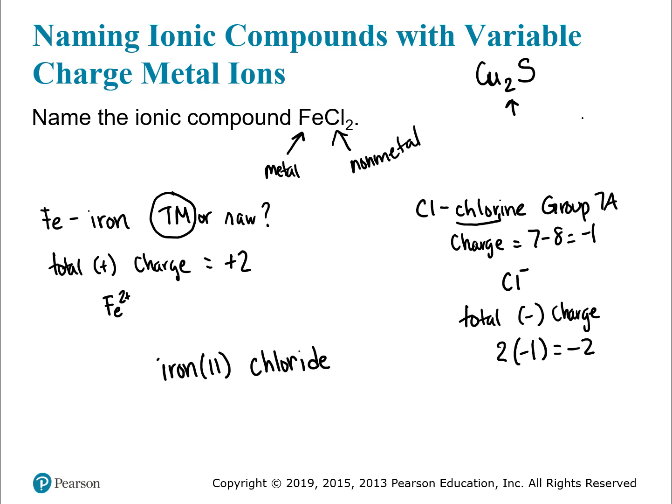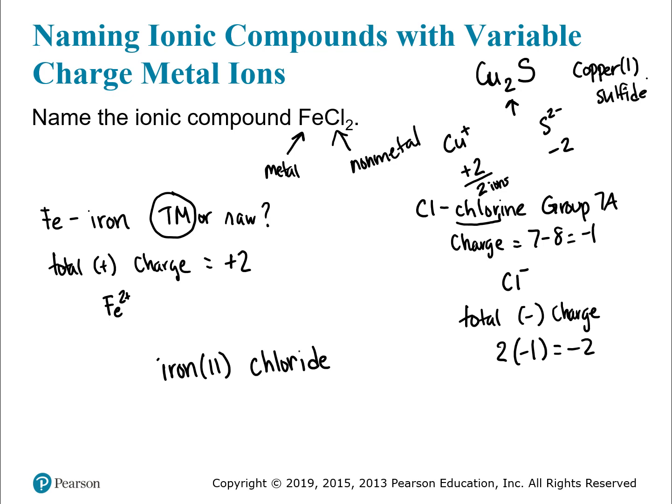Sulfur is in group 6A. Its charge is going to be -2. So our total negative charge is -2. Our total positive charge is +2. But we've got 2 copper ions. So that means that our charge is going to be +1. And the name would be copper 1 sulfide.